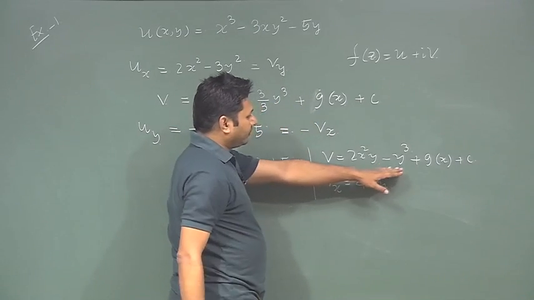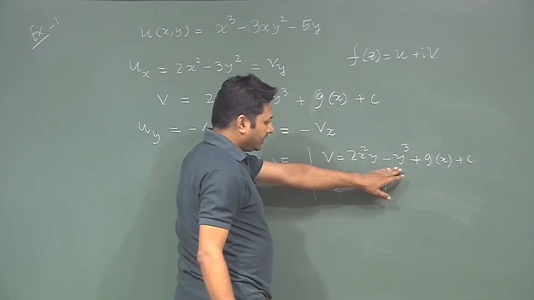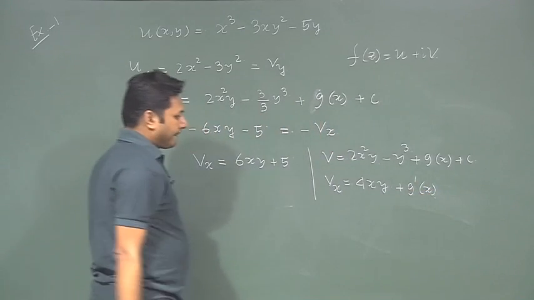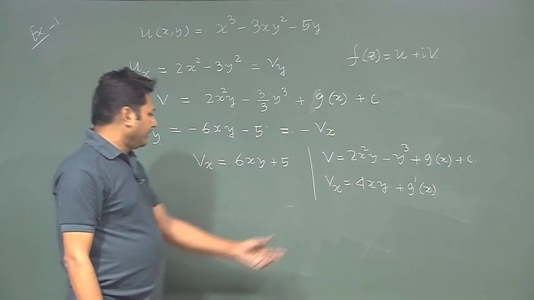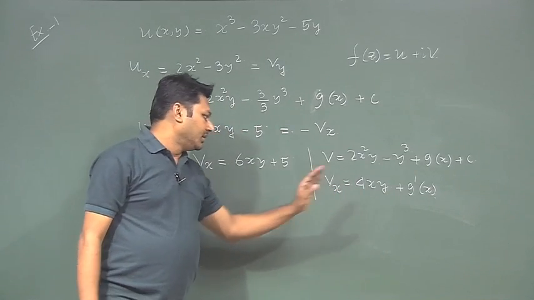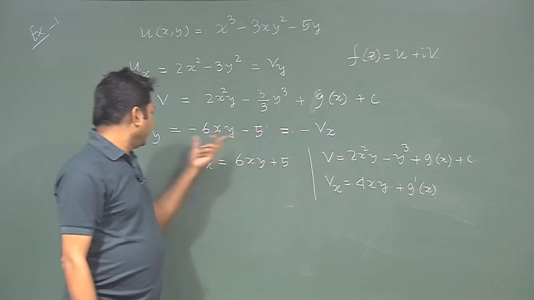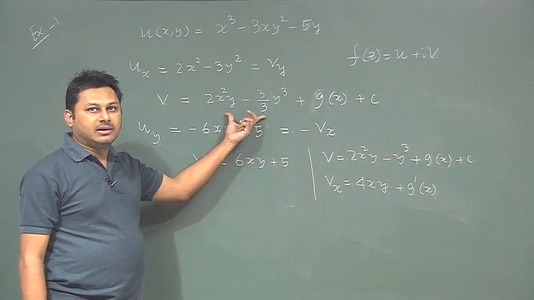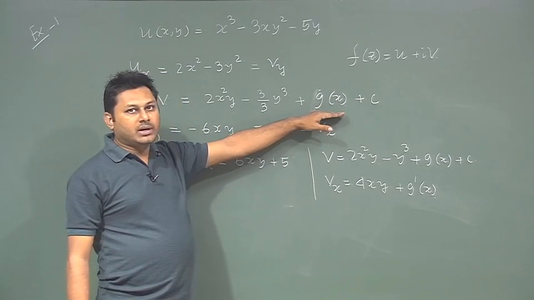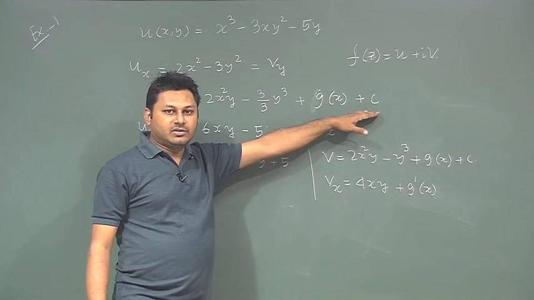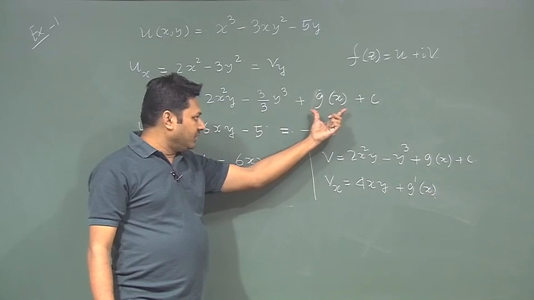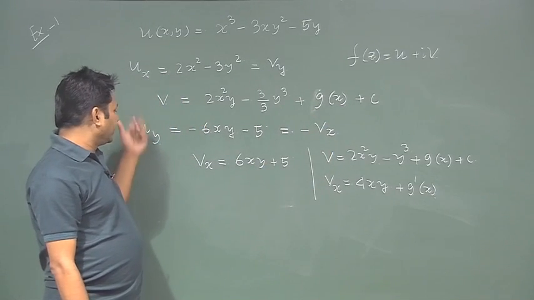This is a function of y, so when I make a derivative, this quantity will not be there, plus g prime x. So, I will have this quantity and this quantity, which are supposed to be the same. The goal is to find g(x), because I already found my v here. So, v is an expression where I have some unknown quantity g(x) and some arbitrary constant c, but this function g I need to calculate, and when I try to calculate this, I need to use another set of equations.